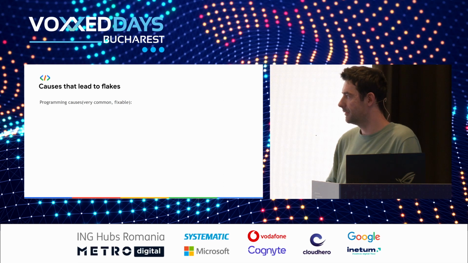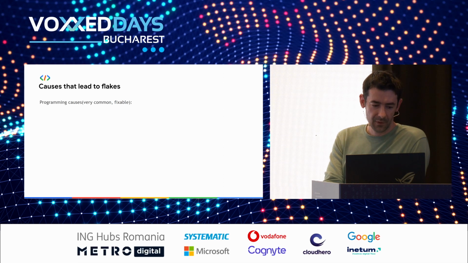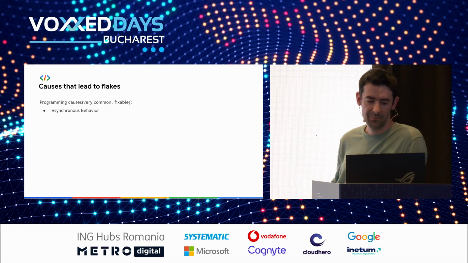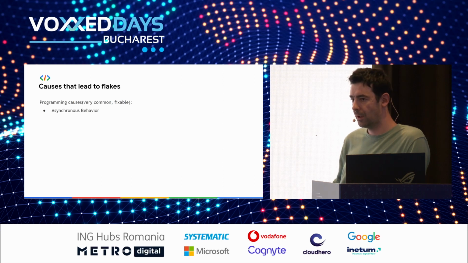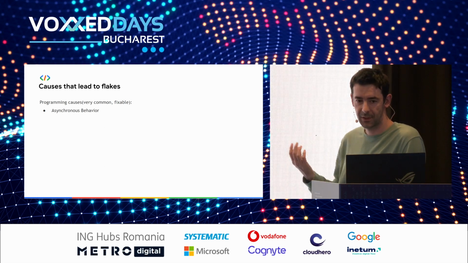The reason is usually people have written tests over time, and it's what is usually known as technical debt. There are basically several programming reasons, and I've listed them here. By far the most common is asynchronous behavior. Whether you are doing mobile or backend or web development, asynchronous behavior is kind of like the norm.